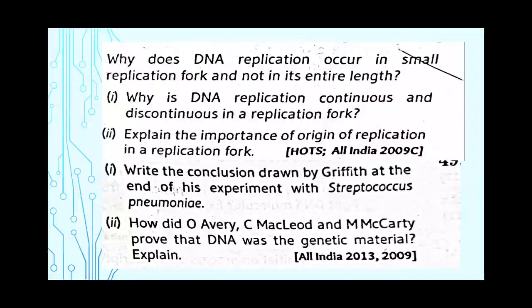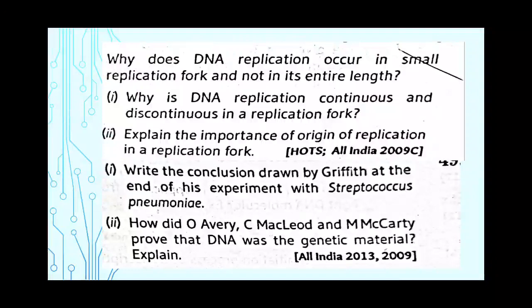And this creates some additional complication at the replicating fork, resulting in one strand which has the polarity 3' to 5', the replication is continuous, while on the other, that is the template with polarity 5' to 3', it is discontinuous.